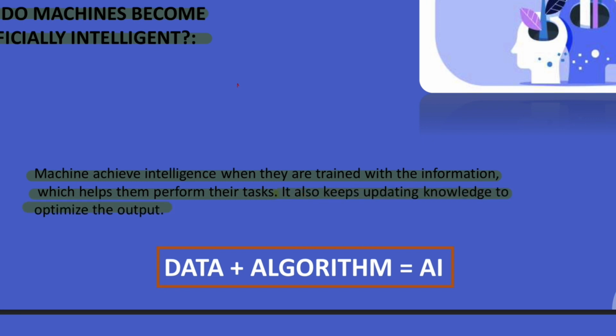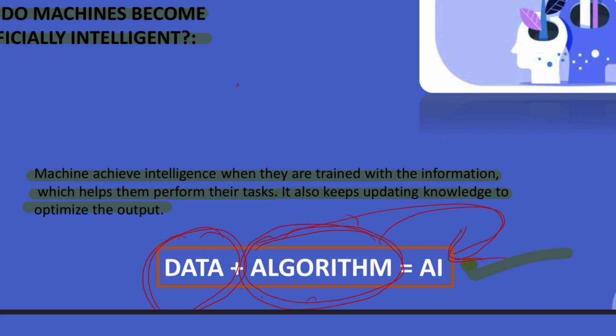In short, here is the equation: when an algorithm is trained with data, it starts giving intelligent output. I repeat, when an algorithm is trained with data, we start getting intelligent output. For a machine to be intelligent, it is very important that it must be trained with data.